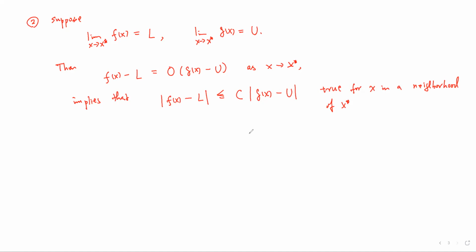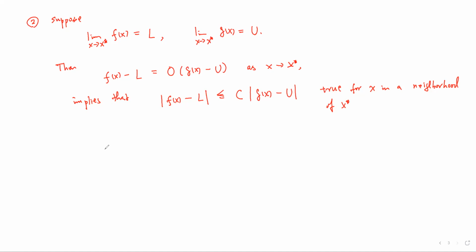Because of this inequality, g approaches u and f approaches L, but the convergence speed of f approaching L is at least as fast as the convergence of g to u. Do you agree? This is about the big O relation.